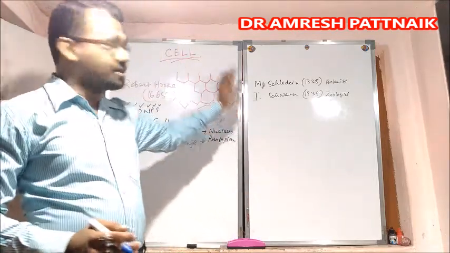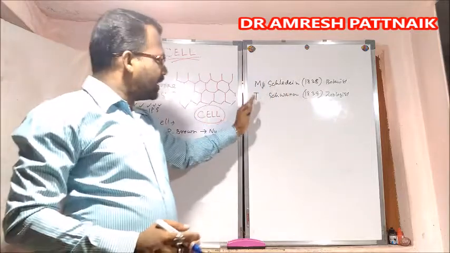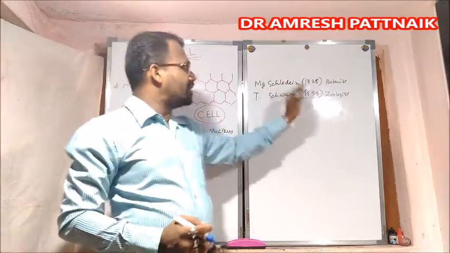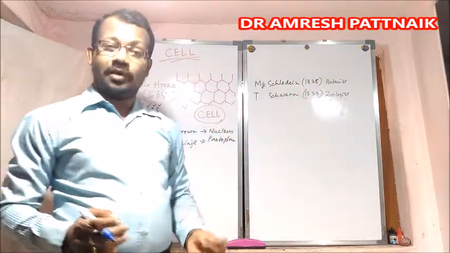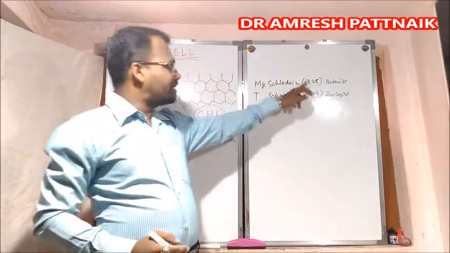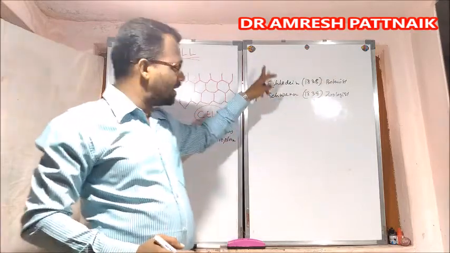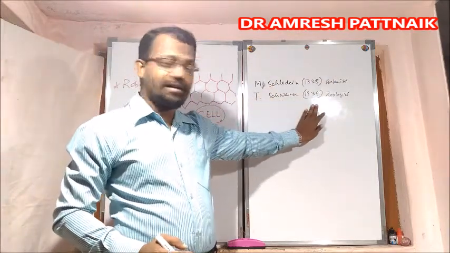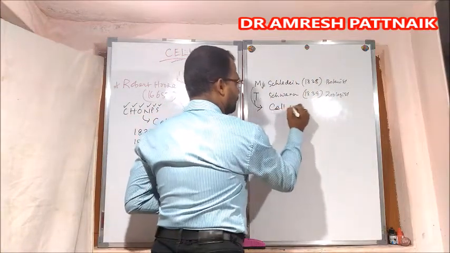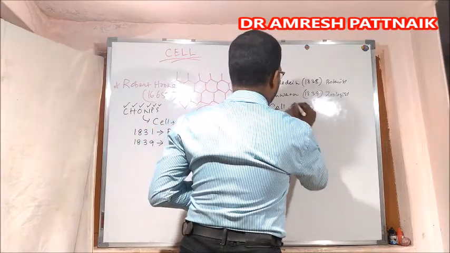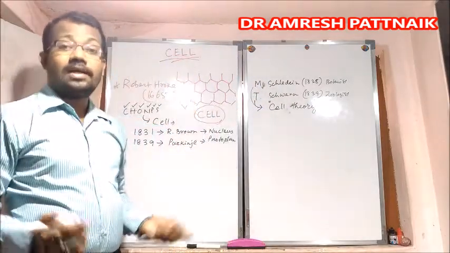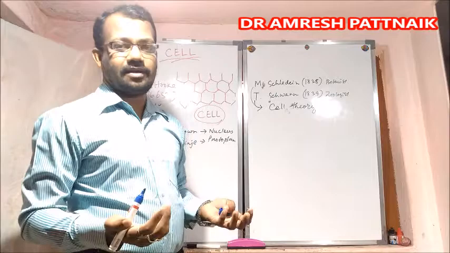One is Matthias Schleiden, the botanist, in 1838, and the second is Theodor Schwann, the zoologist, in 1839. These two together proposed the cell theory, Kosha Siddhant.